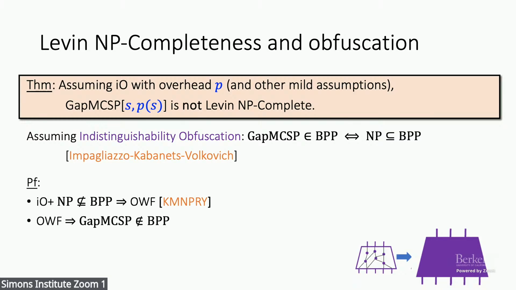If we have one-way functions, we have pseudo-random functions, and gap MCSP is hard. So if NP is hard, gap MCSP is hard. And if gap MCSP is hard, then of course NP is hard. So this is if and only if. The only thing this says is that it is going to be hard to prove the NP-completeness of this problem, but it's actually in some sense NP-complete.